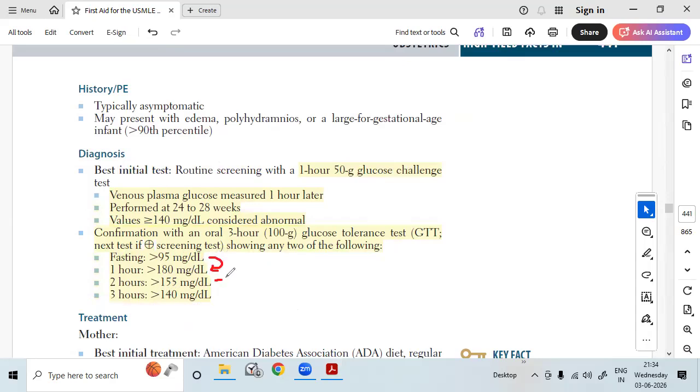Doubled, minus 25 and minus 50. I think we can remember this. So 95, 180, 155, 140. Remember this.